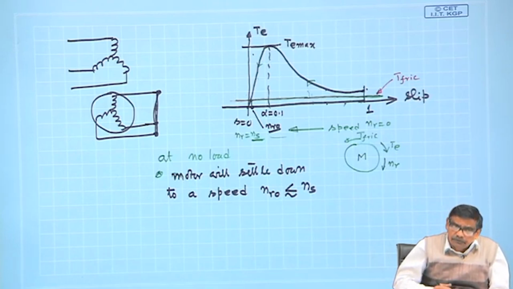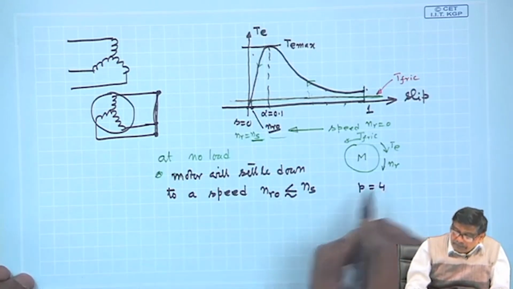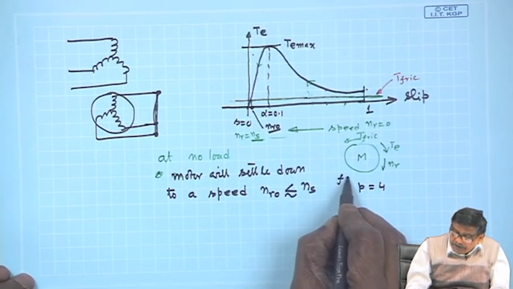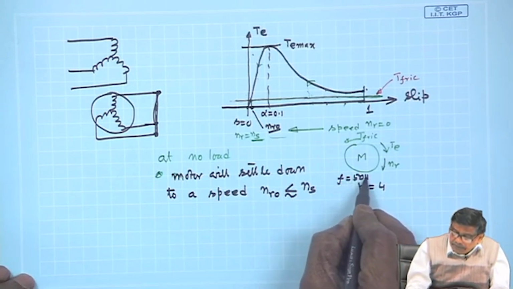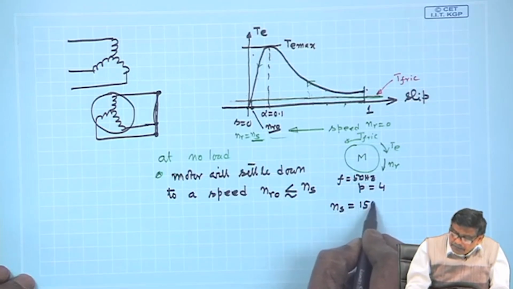Suppose to give you some example in terms of numbers, suppose it is a 4-pole machine and supply frequency is 50 hertz, then synchronous speed is 1500 rpm.